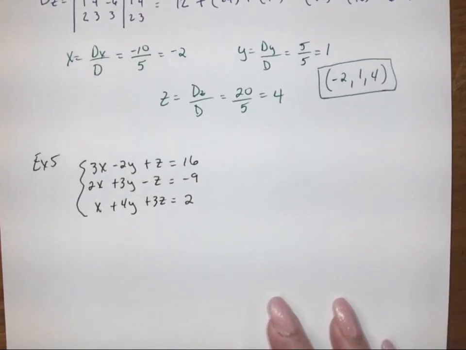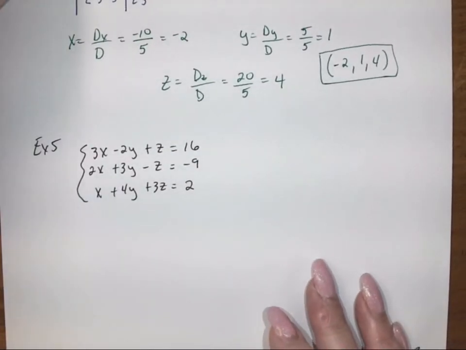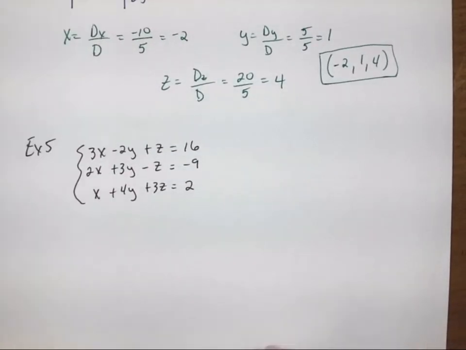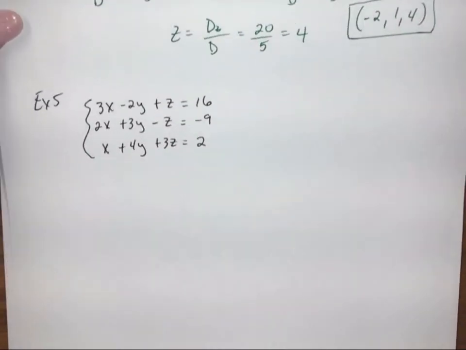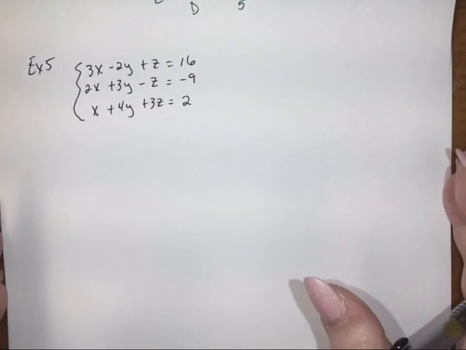So we're doing the same thing we just did. We are finding all of our determinants, and then we'll do our division and solve for our variables.